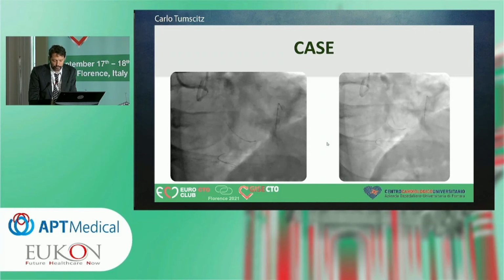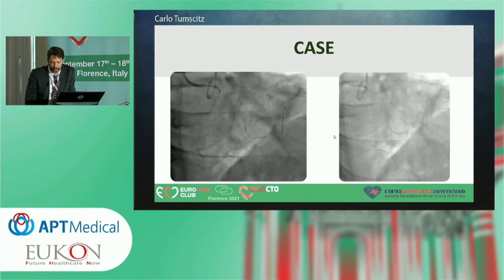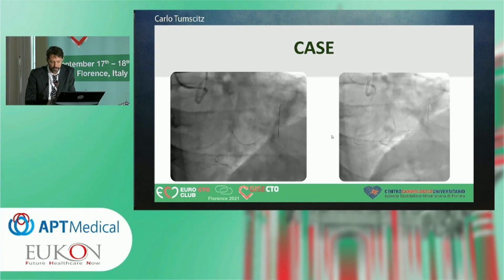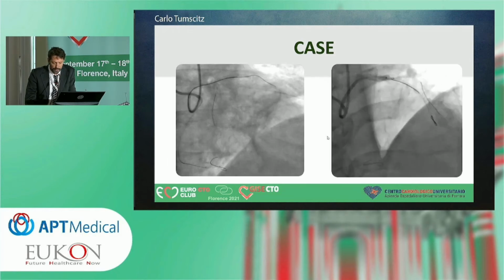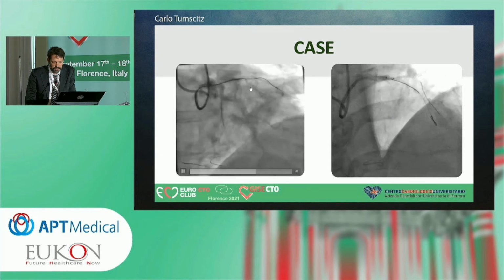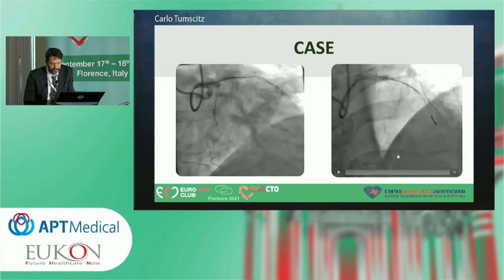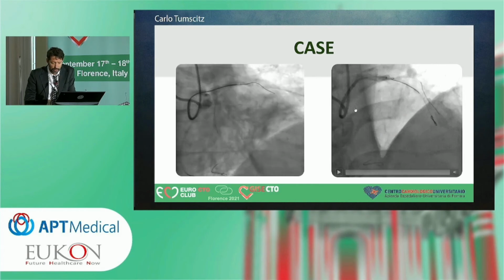And we tried to solve the problem another way, because the guide wire was always going down because of the angle of emergence of the septal. So we went antegrade, and there was a little tapering. The guide wire, I think it was a Gaia 3, went down up to the diagonal.